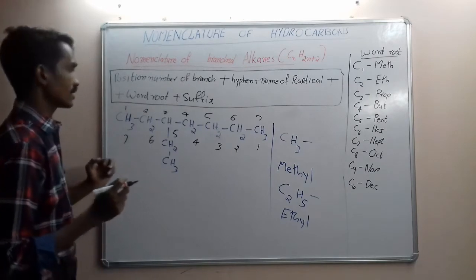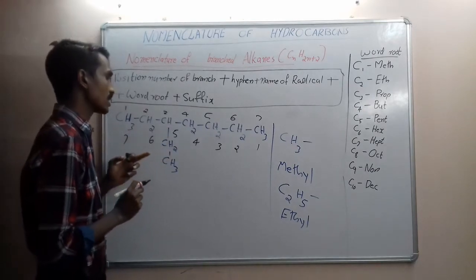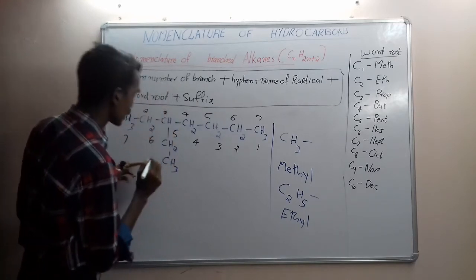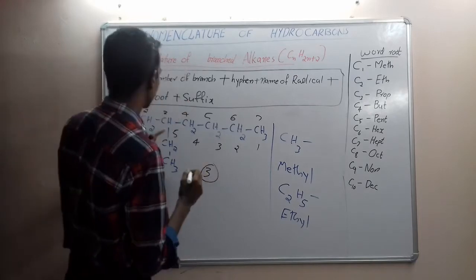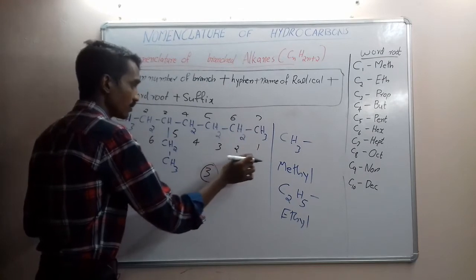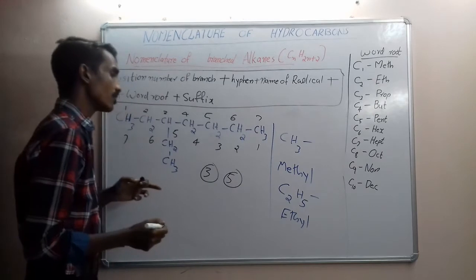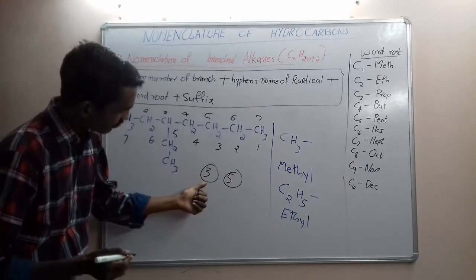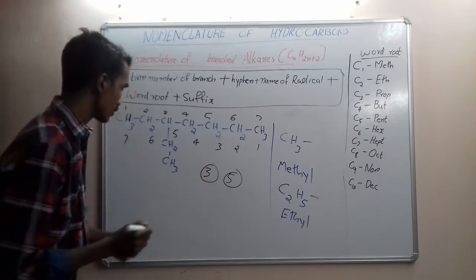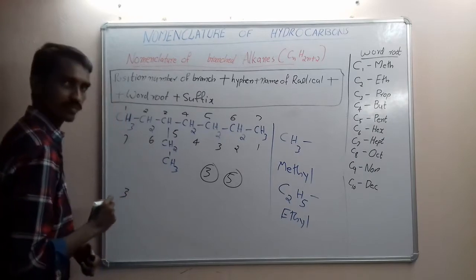Then the position of the alkyl radical: from left to right it is situated at 3, and from right to left, 1, 2, 3, 4, 5, it is at the 5th. Of 3 and 5, the least one is 3. So the position number of the branch is 3.